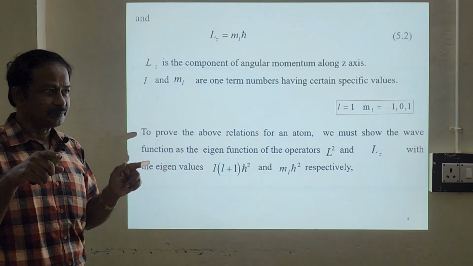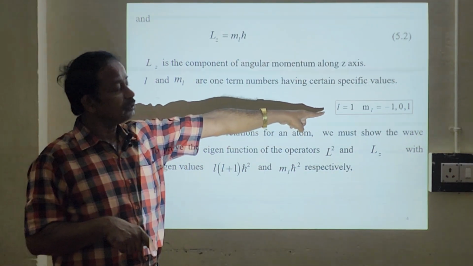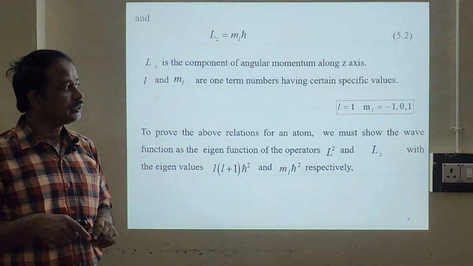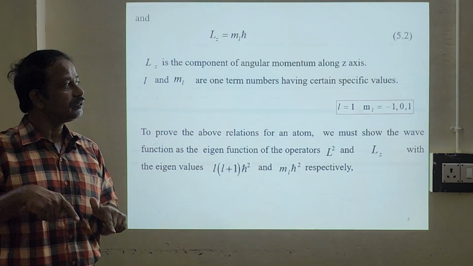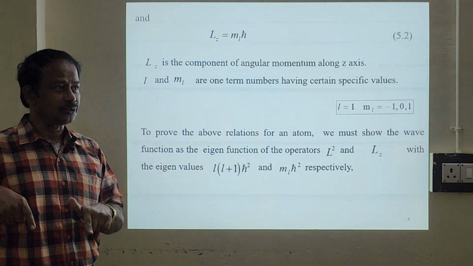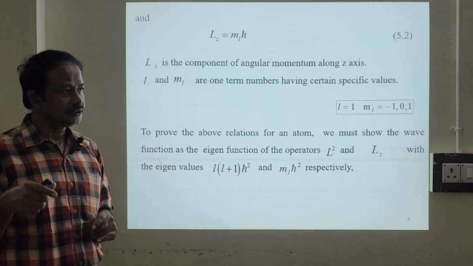So n, l, m, very, very important. For a specified value, for l equal to 1, we have minus l to plus l through 0, as I said earlier. So for l equal to 1, ml will be minus 1, 0, 1.